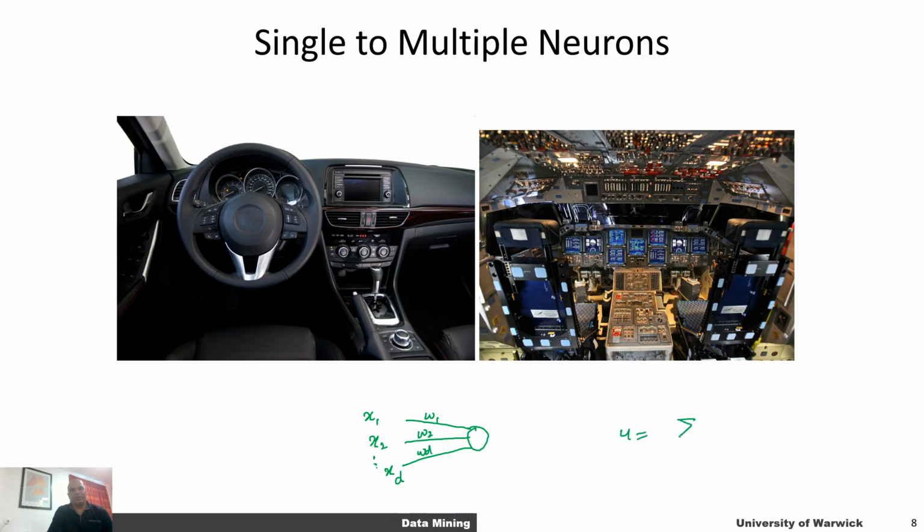I was calling it U, so we can do the sum for i equal to 1 to D of Wi xi, or we can express it as W transpose X in vector form. Once we have this net input, the neuron applies an activation function on top of it, and then it generates an output that we are going to call Y.